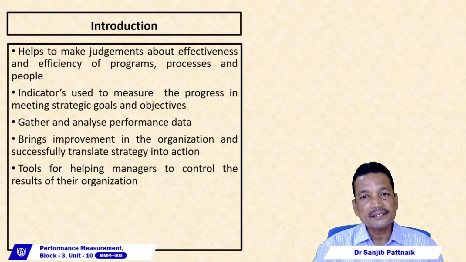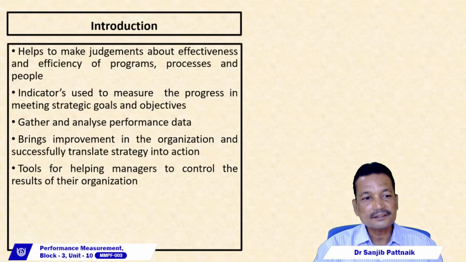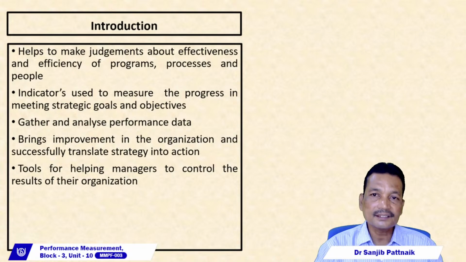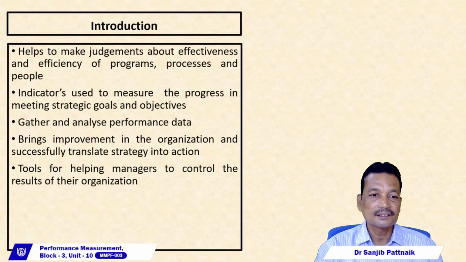The executive or middle level will be taking decisions regarding the performance in the medium term, on a weekly or monthly basis. Similarly, the indicators will help the managers to take decisions on a day-to-day basis. So these tools of performance management help managers to control the results of their organization.